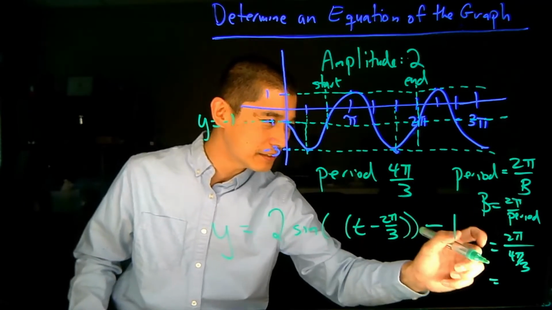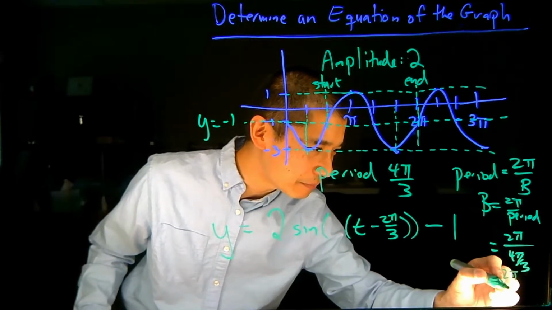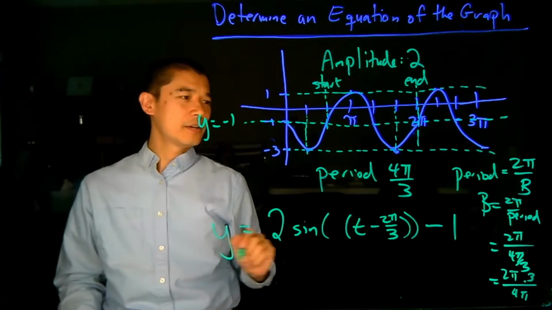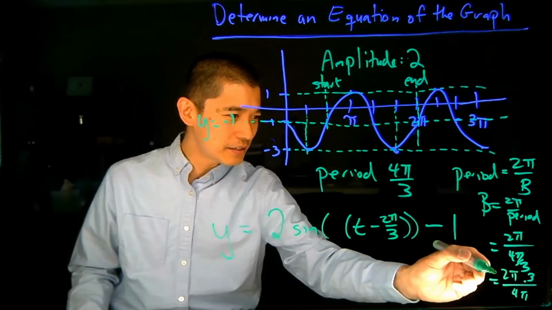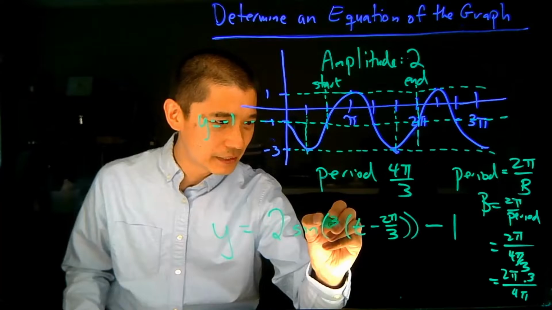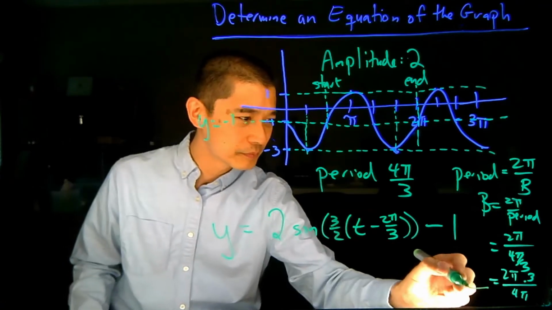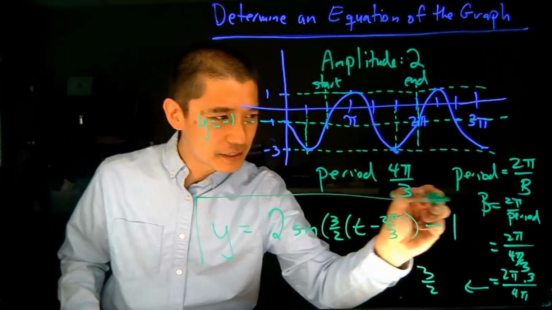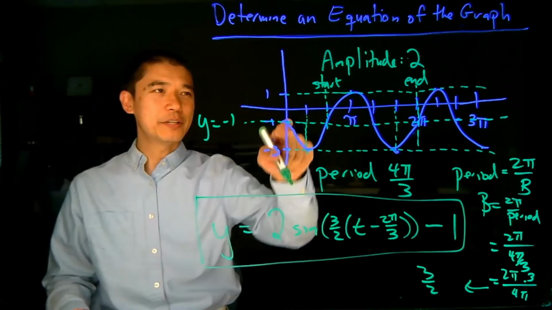Let me write that out, even though it's getting cramped down here. So 2 pi, the pi's cancel out. The 2 reduces to a 1/2, so 3/2. So this is going to be a 3/2 right there. And so this equation gives us a possibility for what this graph is.